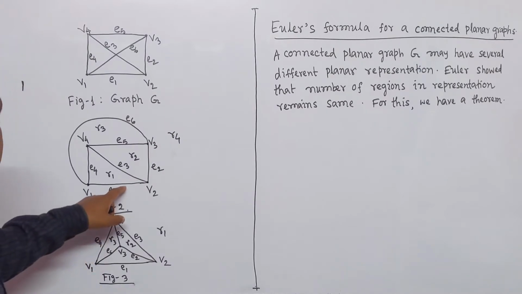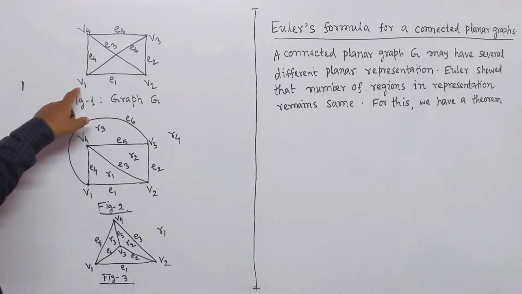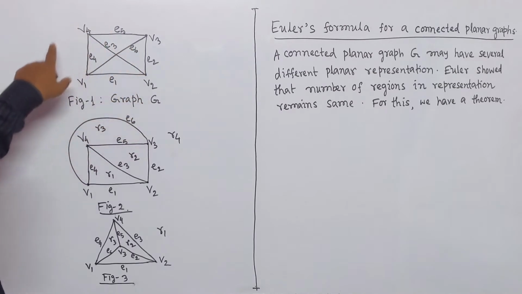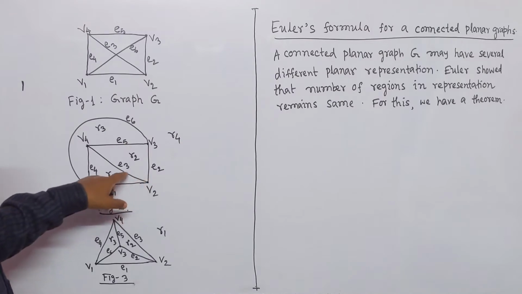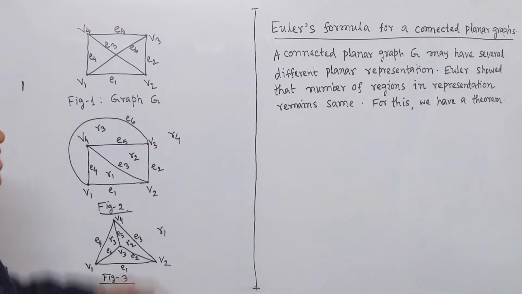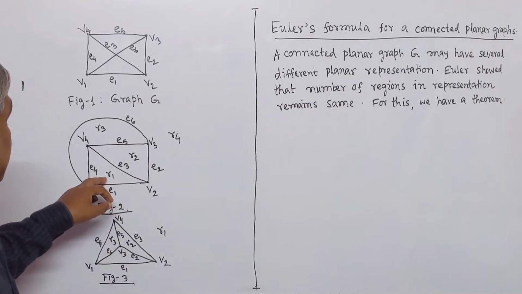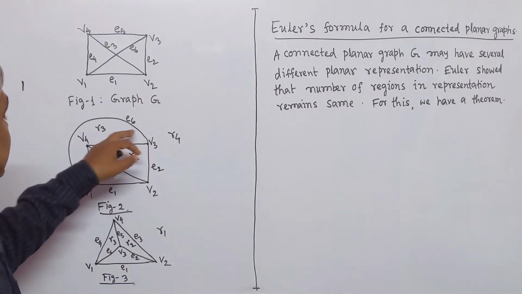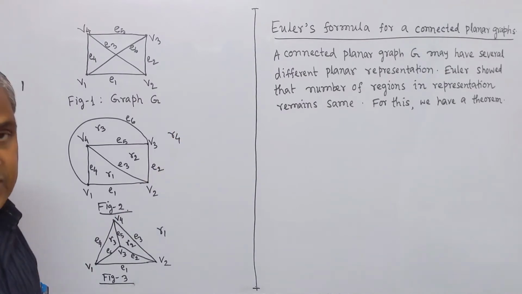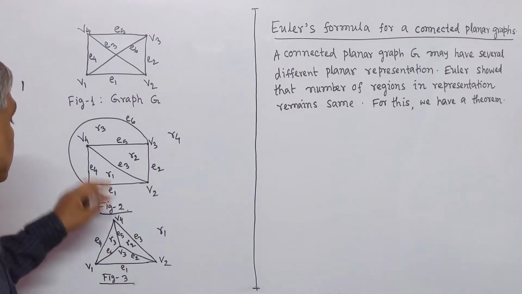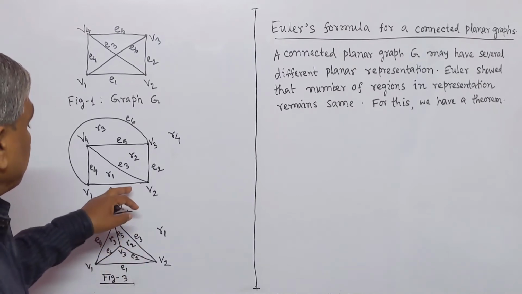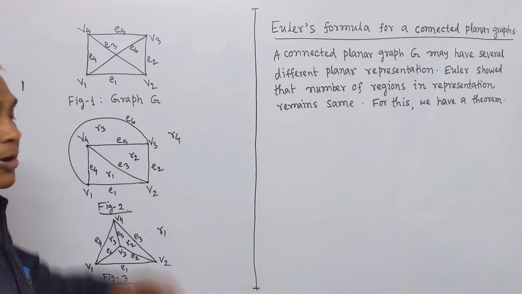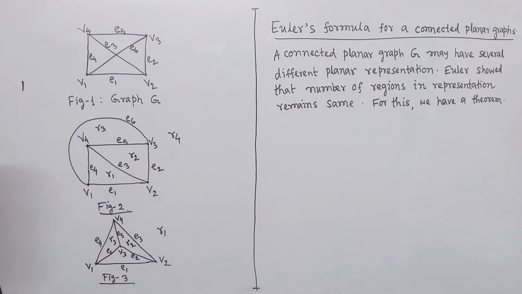Here we see that graph has vertices V1, V2, V3, V4 and edges E1, E2, E3, E4, E5, E6. Here we have regions R1, R2, R3, R4. 4 number of regions in figure 2.